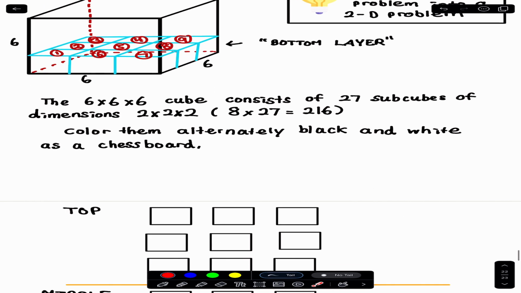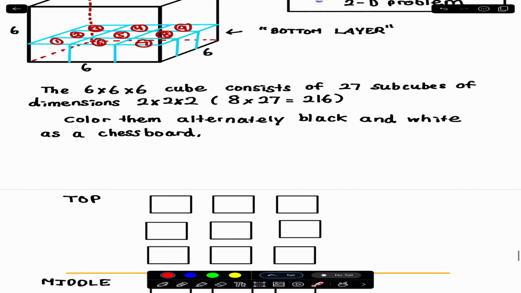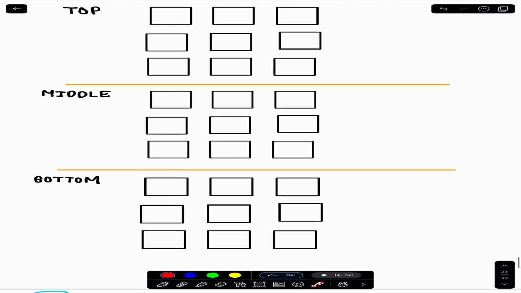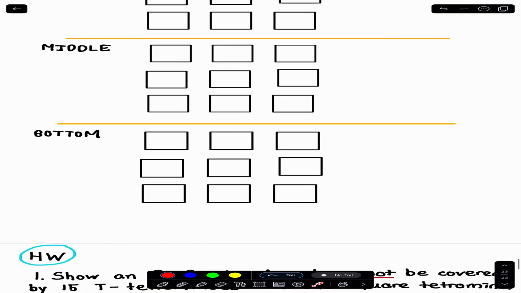So basically every single subcube like this has now been transformed into just a square, just for simplification. We like to simplify things, but just know that this is not actually a square, this is really a cube.